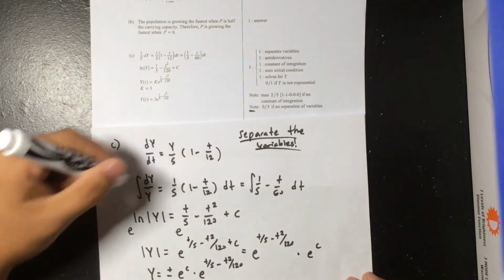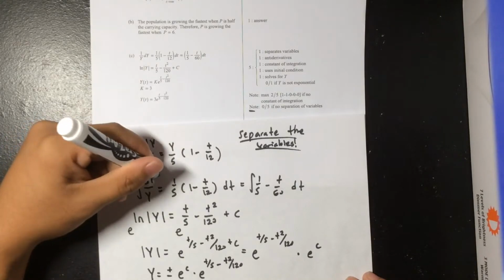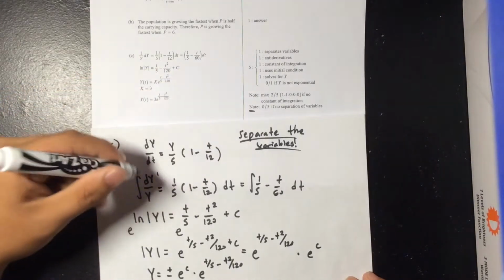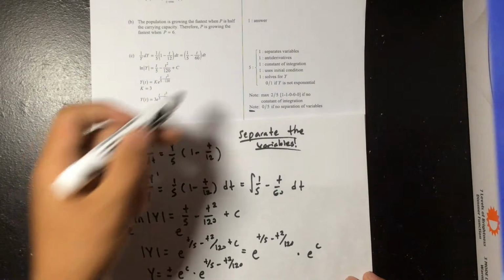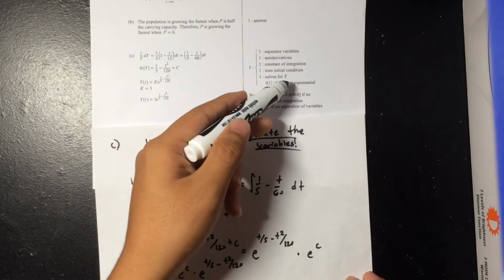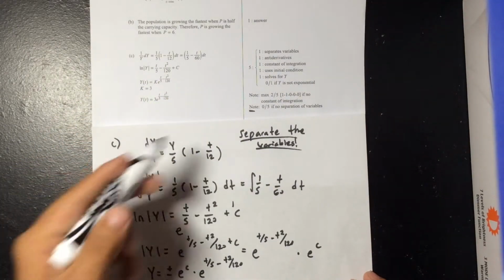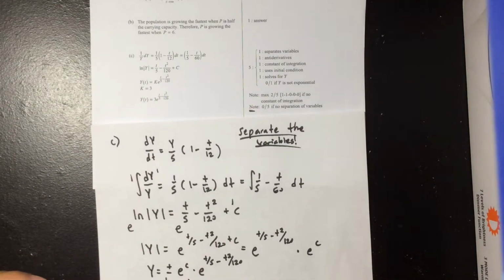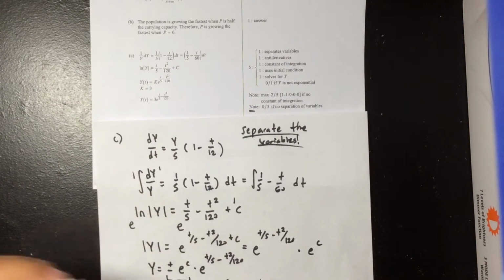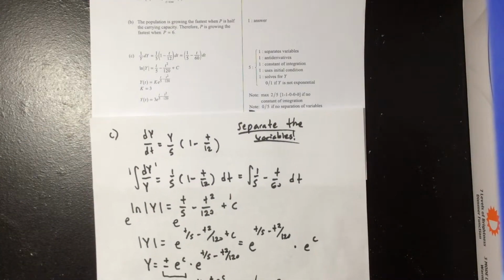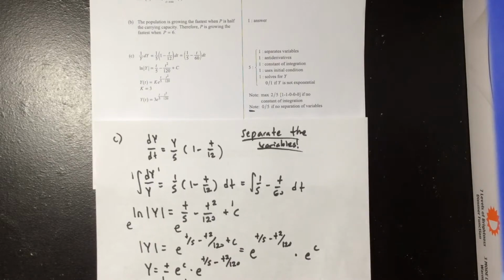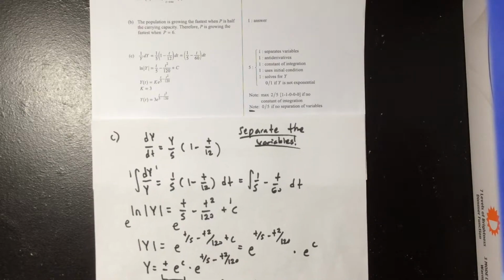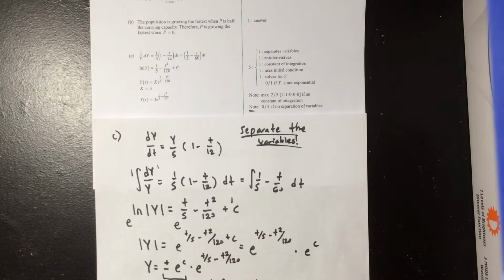We get 1 point for separating the variables, another point for the antiderivatives, another point for the constant of integration, which is the plus c, another point for using the initial condition, which we did right here, and the last point just for solving for y. So, yeah, it's a large chunk of points up for grabs in just one part. Hopefully, if you know how to do this, it should be an easy 5 points.